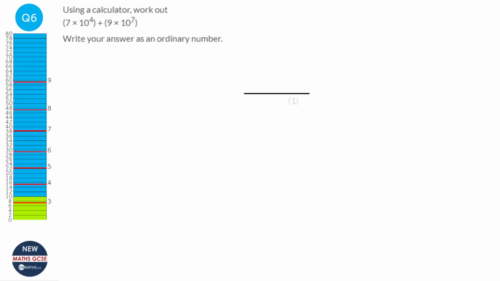So 7 times 10 to the power 4 is going to be 7, and it's going to be 70,000. And 9 times 10 to the power of 7 will be 90 million.